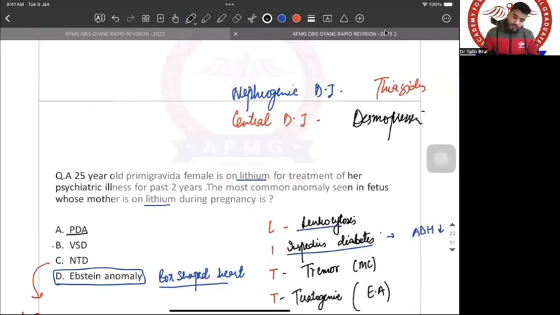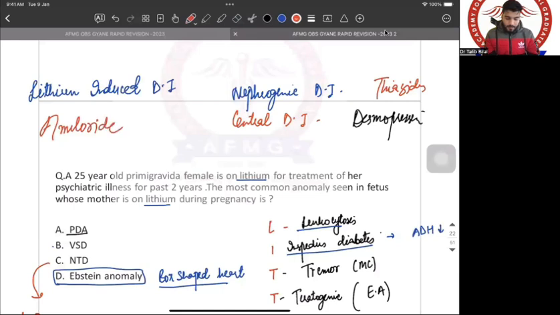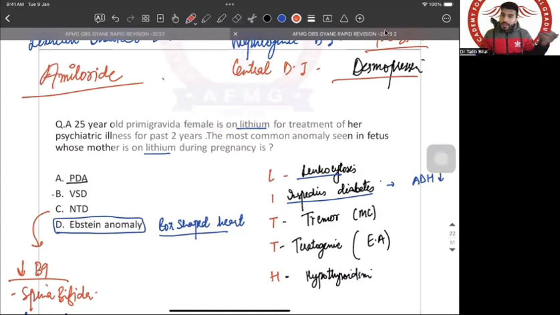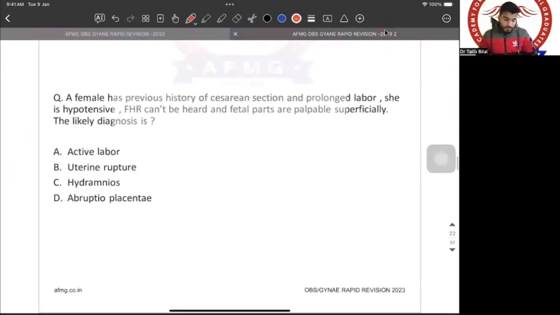And the next one, if you have lithium-induced diabetes insipidus, then your drug of choice will be amiloride. Remember this from the pharmacological point of view. Is that okay? And in pregnancy for diabetes, we have regular insulin, and oral hypoglycemics such as metformin and glyburide. Let's move to the next question, guys.